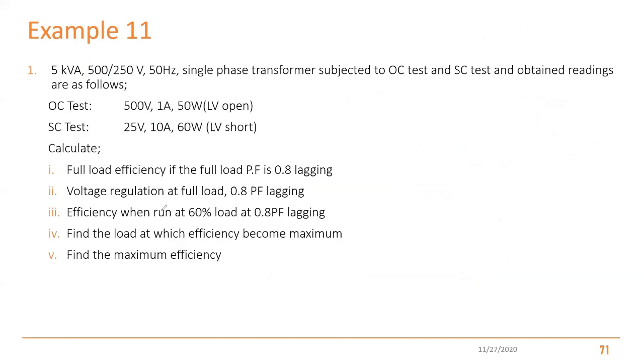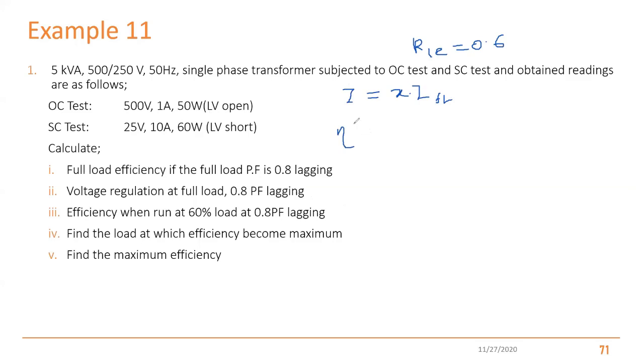Next, again you have to find the efficiency when run at 60% load. Again I write down R1P as 0.6. If the load is given as a fraction of full load value, that means if the load is given like X into I full load, the last time we derived some equation. If you are using this equation, you have to prove it first.